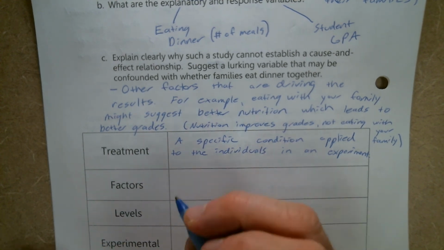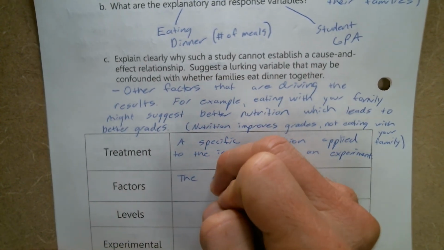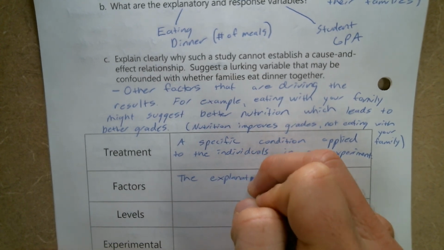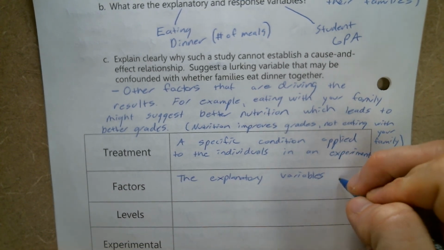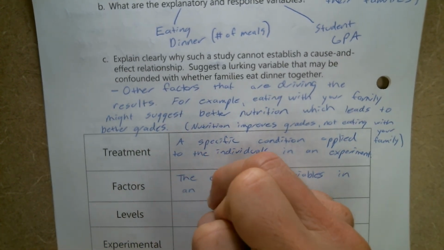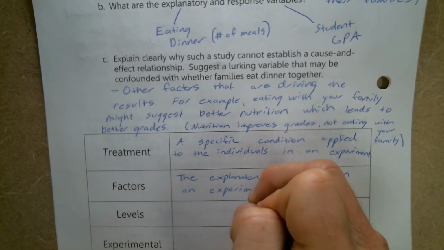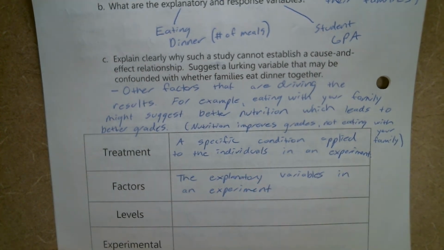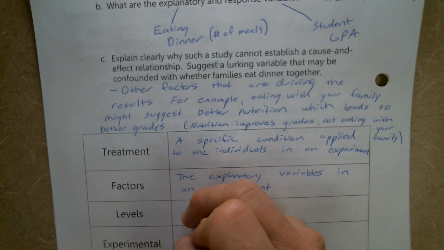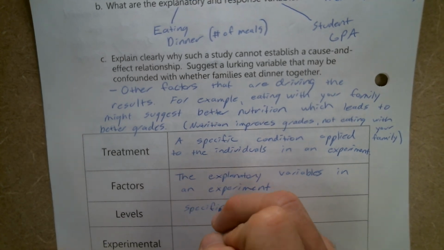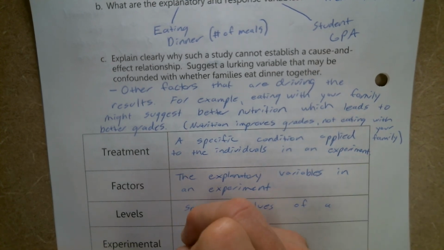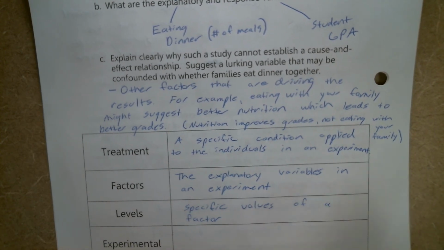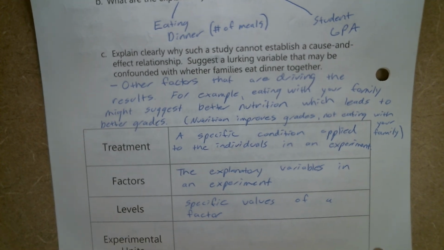The factors are the explanatory variables in an experiment. So the things that you're measuring to see if they have an influence on the response variable. The levels are the specific values of a factor. Again, a factor we just said is the explanatory variables, so the levels are the values of those explanatory variables.